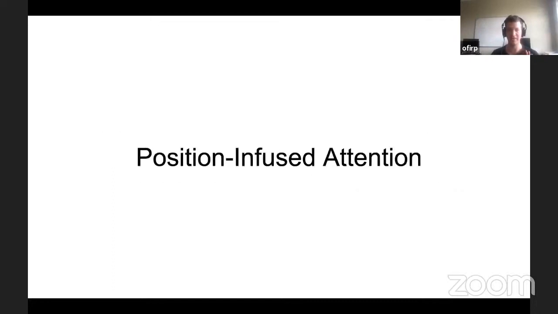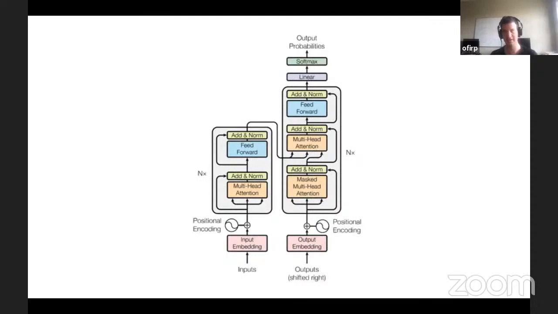And so our novelty here is that we show a method to do this that doesn't require any extra parameters or memory, and it doesn't slow down the model at all. We call it position-fused attention, and it's really, really simple. It's basically a line of code.